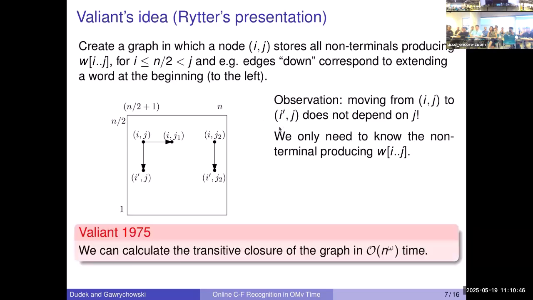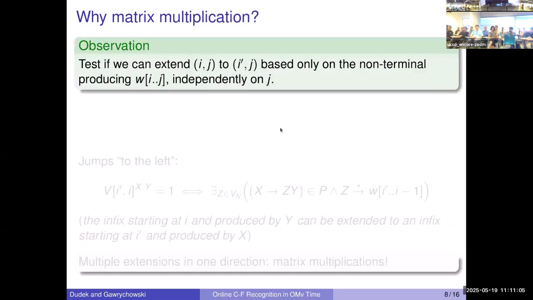So then we can see that there is some underlying graph, and then we will calculate its transitive closure using fast matrix multiplication. So yes, this is what Valiant did here, which allowed us to obtain n to omega time. And again, why is this matrix multiplication?